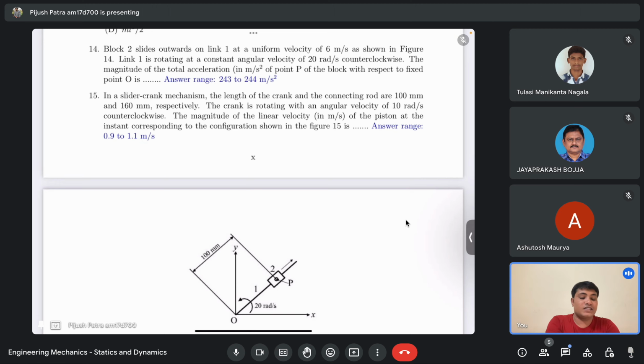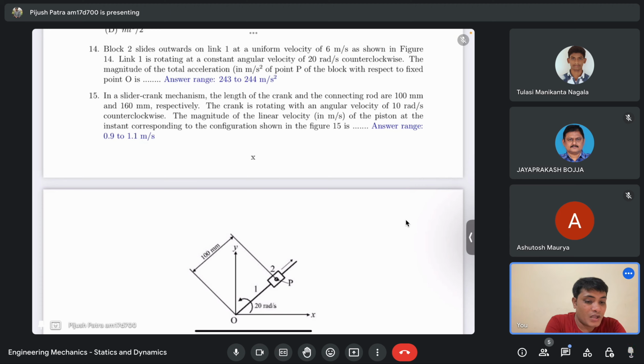So what is the tangential component? If the angular velocity is constant, then the tangential acceleration will be 0, because alpha is d omega by dt.